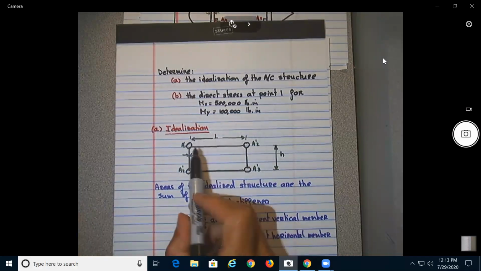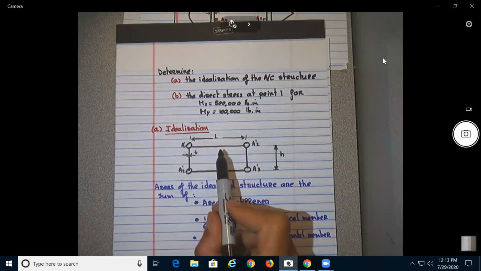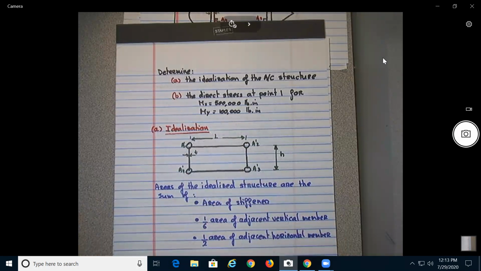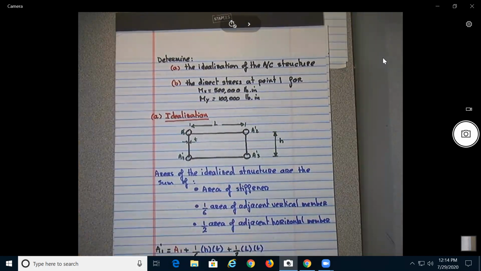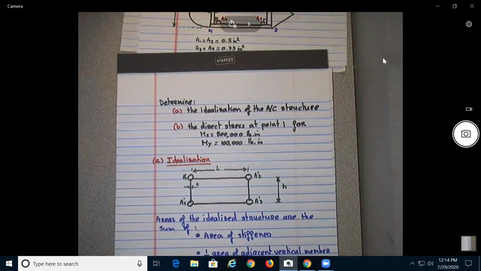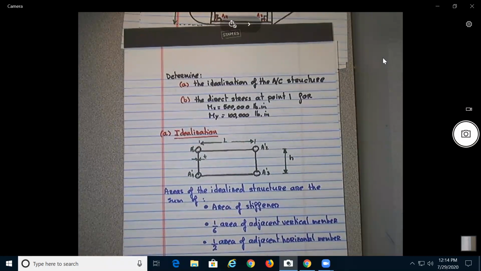Now we need to look at the horizontal member. And that will be just plus 1/2 of the area of this member. That would be equal to what? L times T. Okay? So if we put numbers to this, what do we have for A1? A1 was equal to 0.5 plus 1/6 times 8.